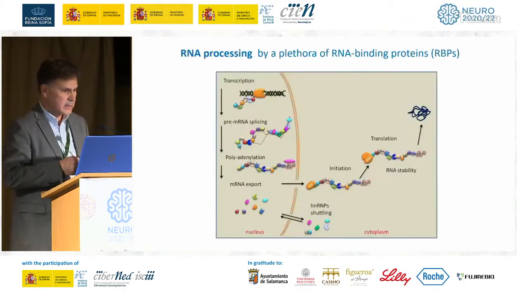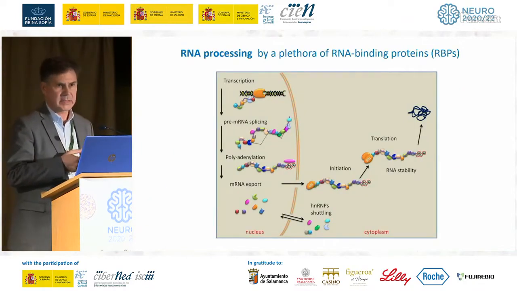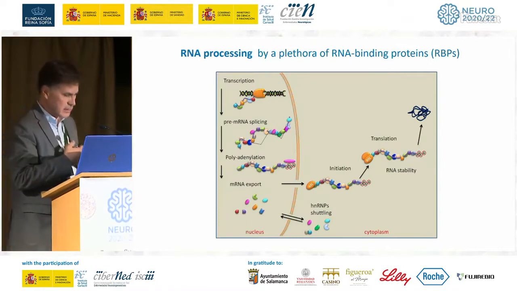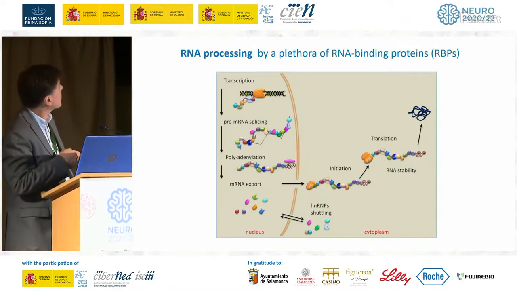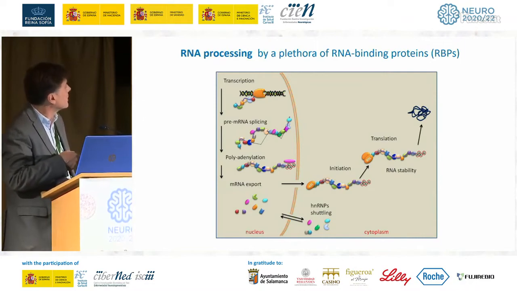So let me start by giving a brief introduction of what we call RNA processing. This is a series of modifications that RNA molecules experience as soon as they get transcribed in the nucleus and until they are in the cytoplasm for presentation to the ribosome for protein translation.